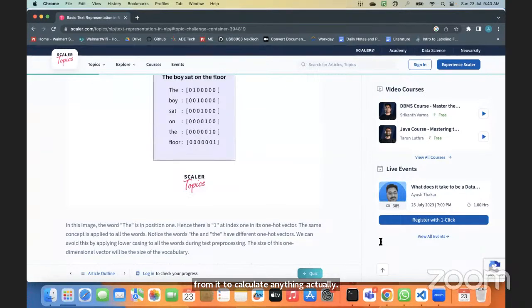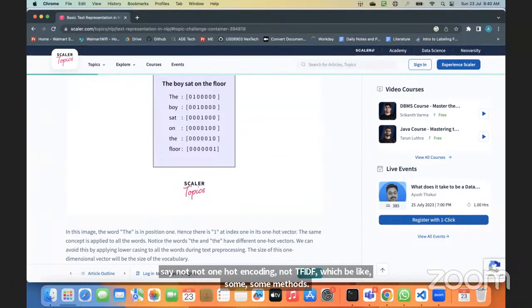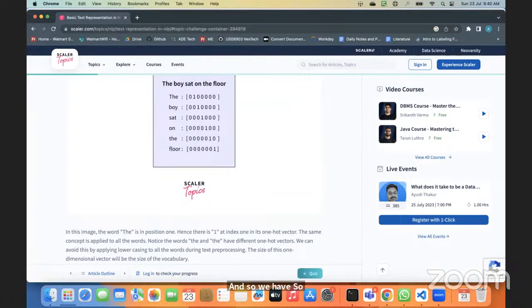So if you understood this vector representation concept, I'll just have a small question. Let's say we have two words, king and queen, and we have derived vectors using some method, let's say not one hot encoding, not TF-IDF, some other method. King is 0.1, 1, 9, 10, so this is a 4-dimensional vector.